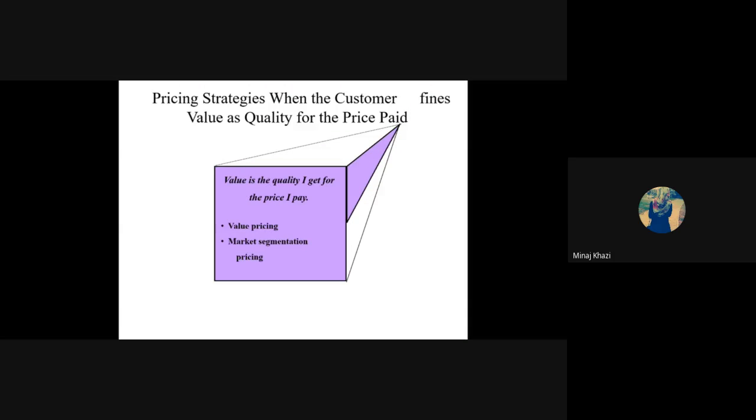So what is the first one? Value pricing. So what is value pricing? Value pricing means you are giving more and charging less. That is what you are making your customer think. Okay, you are charging less and giving more. The best example in this I could give you is Jio.